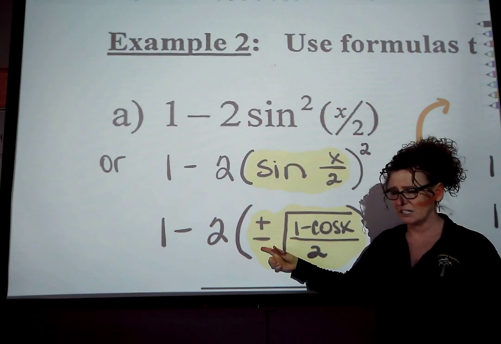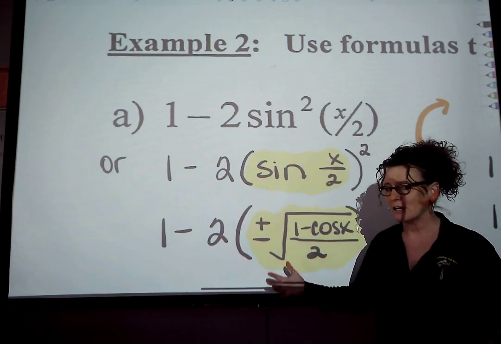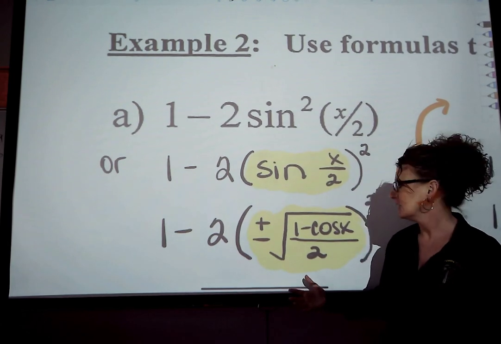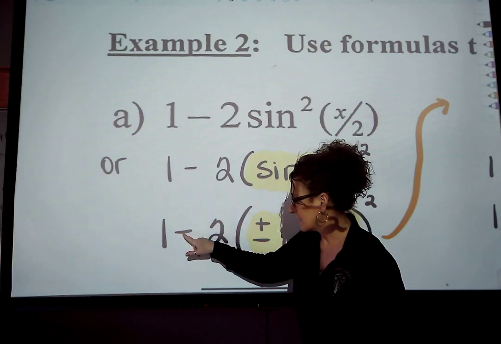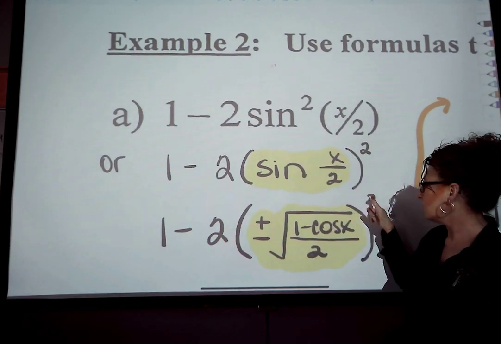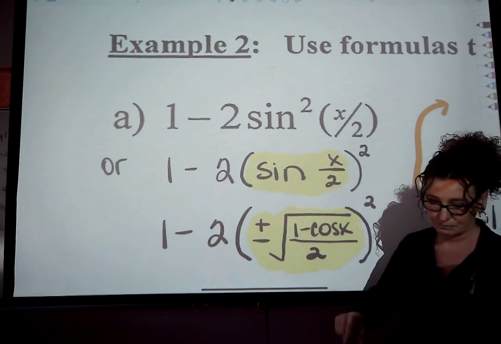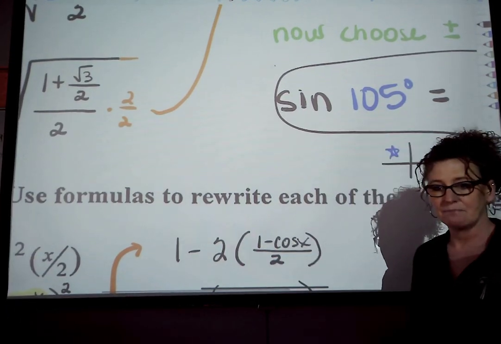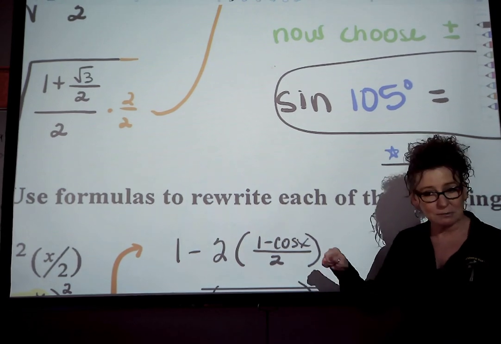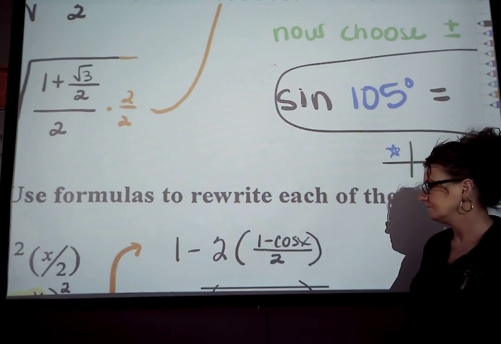A negative times a negative is a positive. Either way, we're going to get the same thing. So when I square, the radical falls off. So same parentheses, only this cancels this out. It's exactly the same, only the plus and minus is gone and the radical is gone.